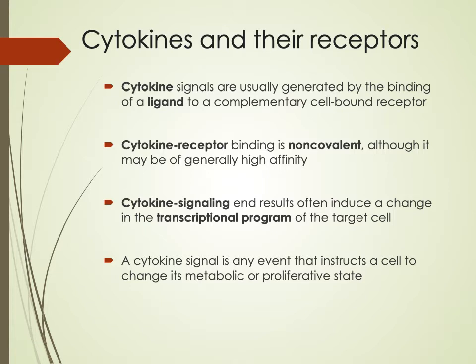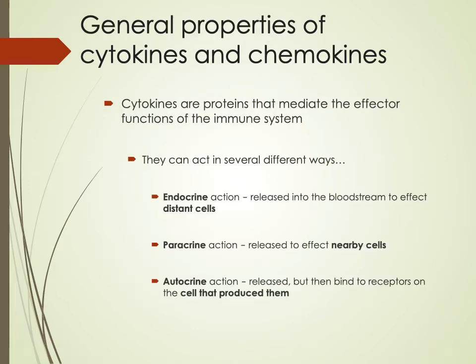So if we have a T cell, it will have an IL-2 receptor, and if IL-2 binds that receptor, that causes signal transduction and causes the T cell to actually proliferate and undergo clonal selection, just as an example. So there are some general properties of cytokines and chemokines.